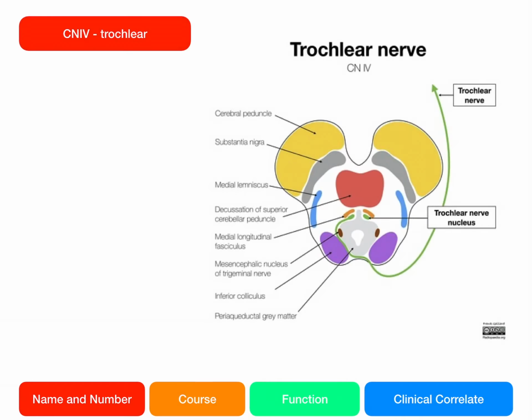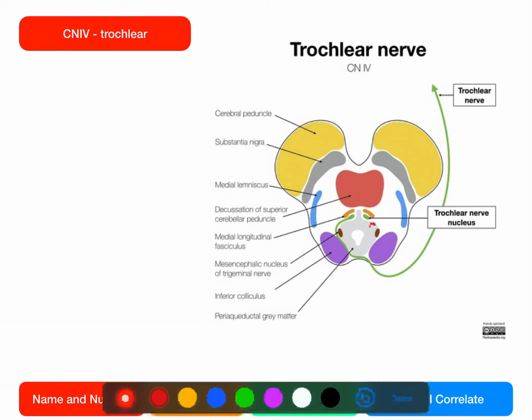So, cranial nerve 4. Cranial nerve 4 is the longest cranial nerve that we're going to talk about, apart from the vagus nerve. It has the longest course in the skull, in particular, because it pops out of the back. Unlike the third nerve, which starts a bit higher up and runs like that, this one starts here and then runs to the other side, to the back, and then out.